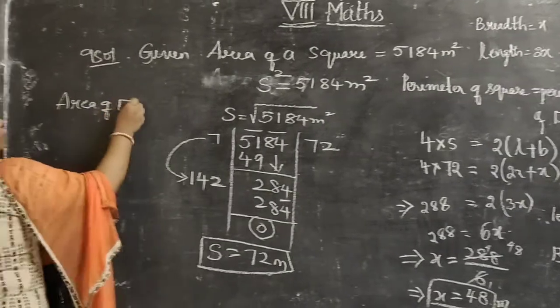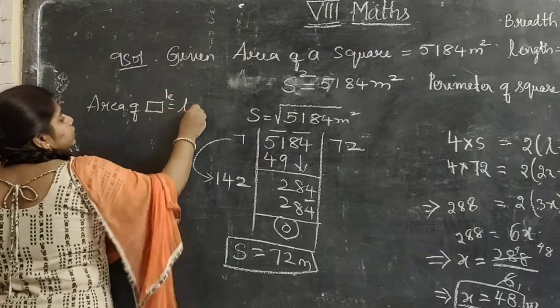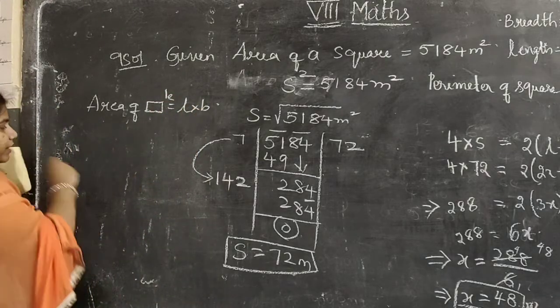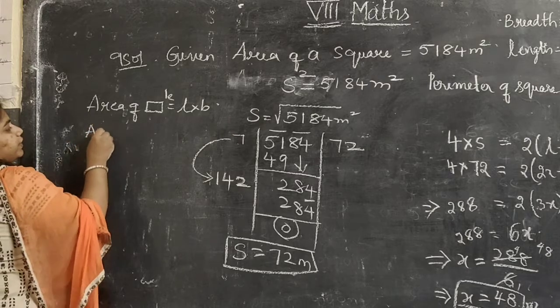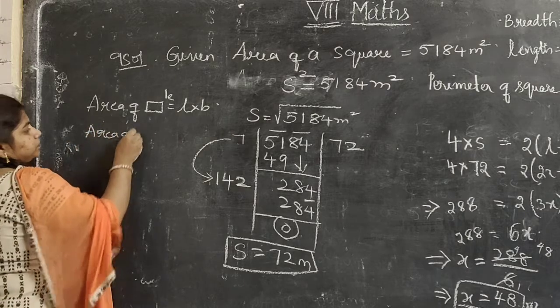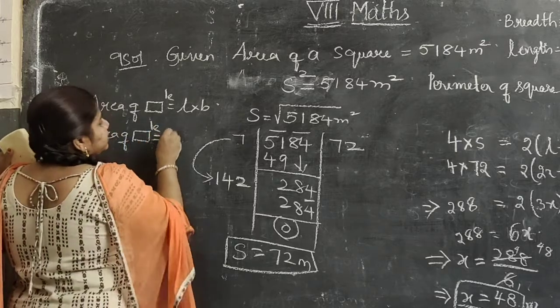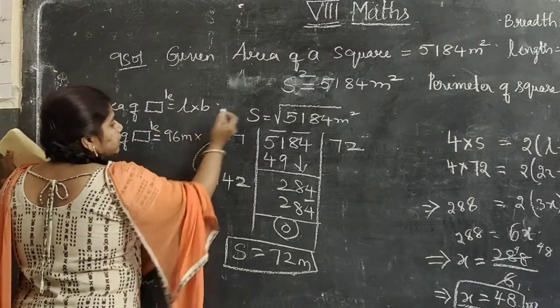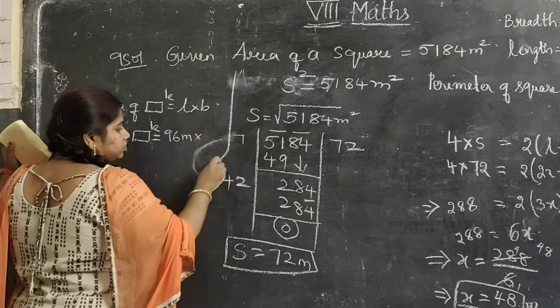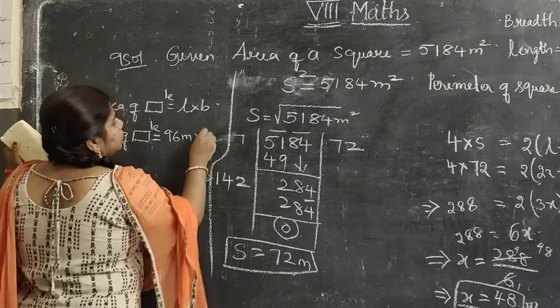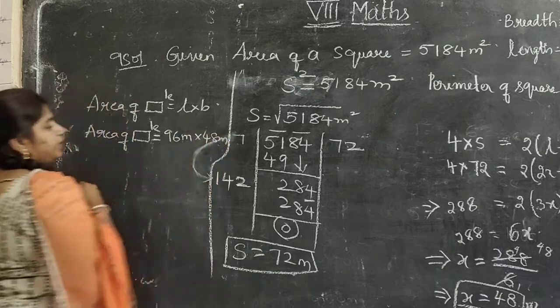Area of rectangle is equal to L into B. That means the length value and breadth value we have to multiply. So the area of a rectangle is equal to, what is the length value? Length value is 96 meters and breadth value is 48 meters.